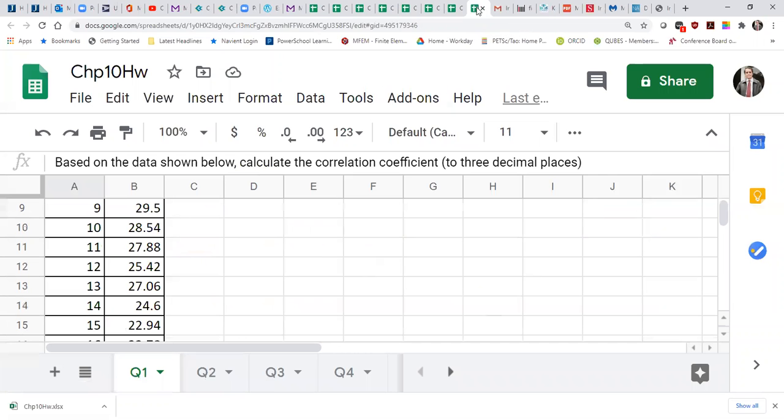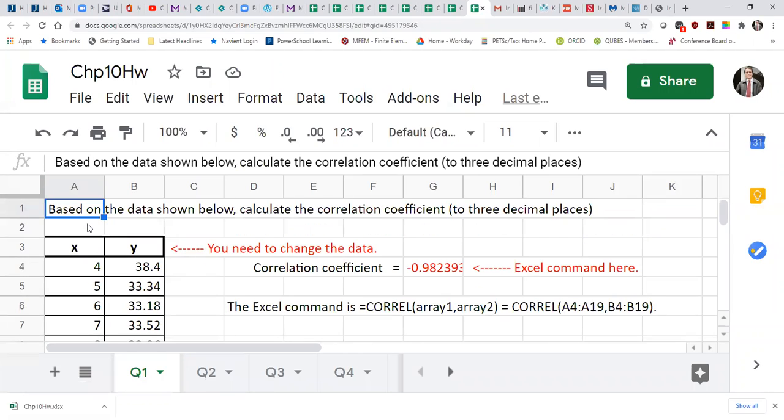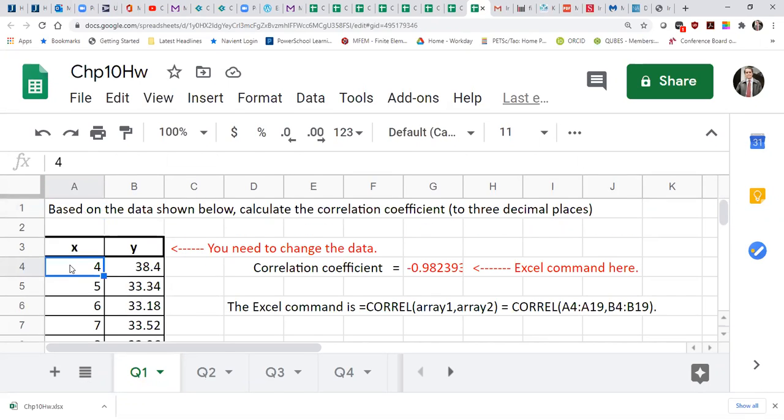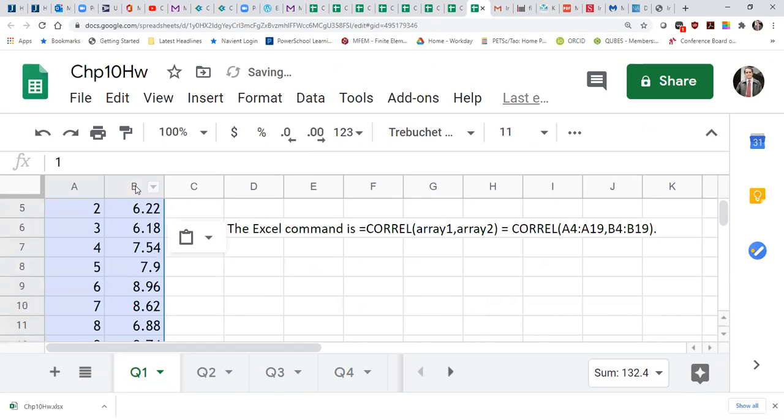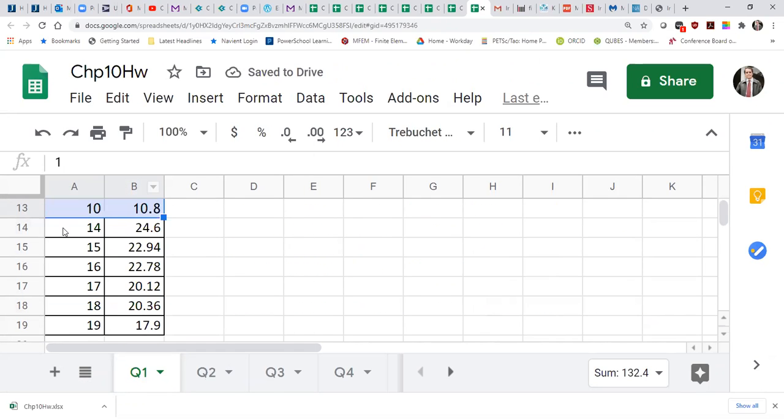Copy, paste it here. You can see you don't need this one, so you can highlight it and then delete it.